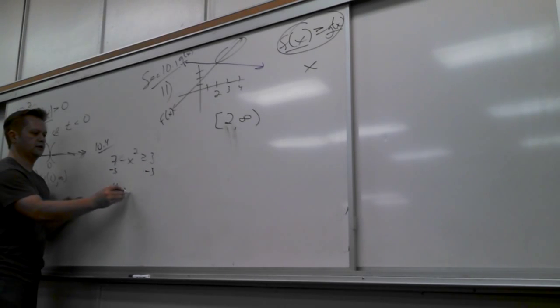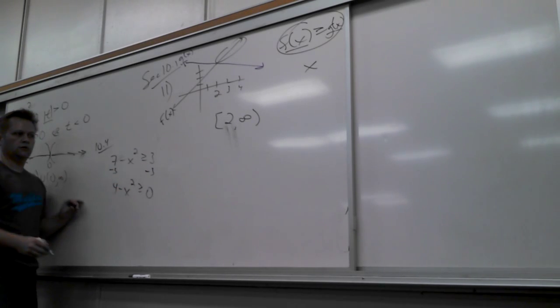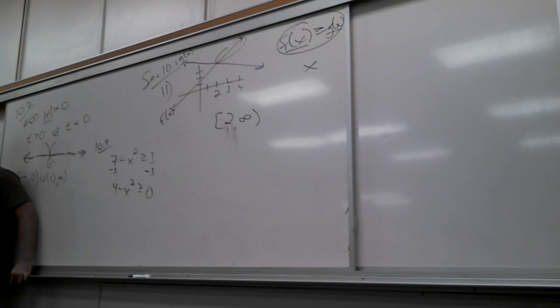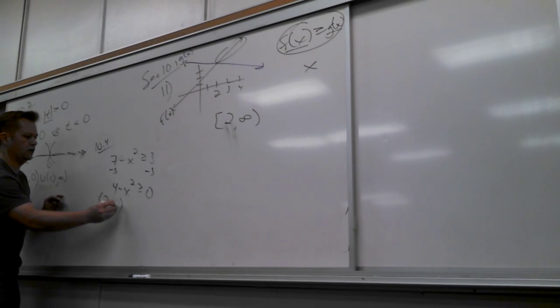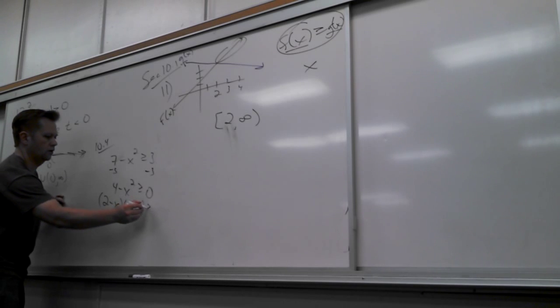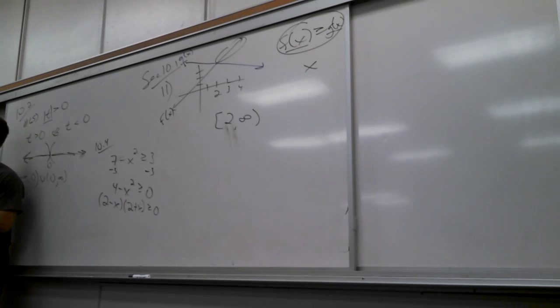So you get 4 minus x squared greater than or equal to 0. And what can I do with 4 minus x squared? Yeah, you can factor it. So now it looks just like the problems we were doing earlier, right? Cool. So it's all about getting it in the right form first. So it's got to be related to 0. I like it.